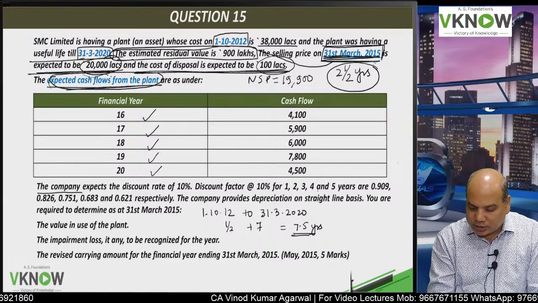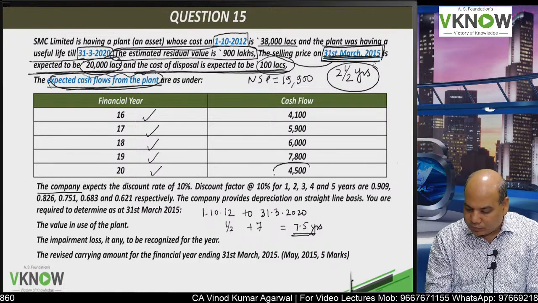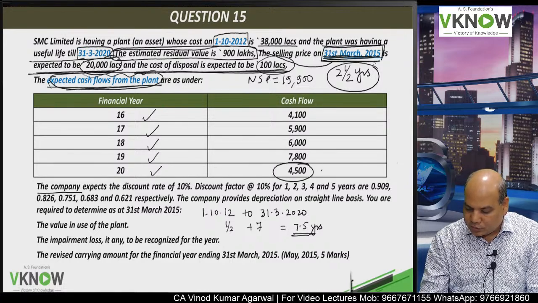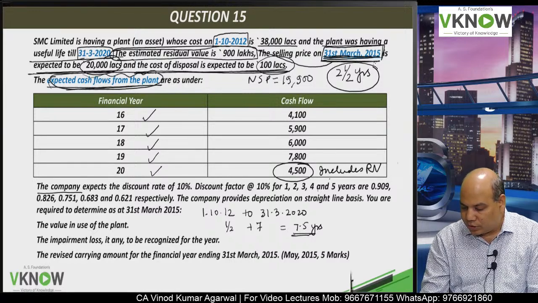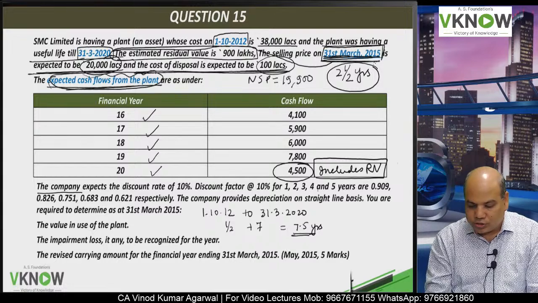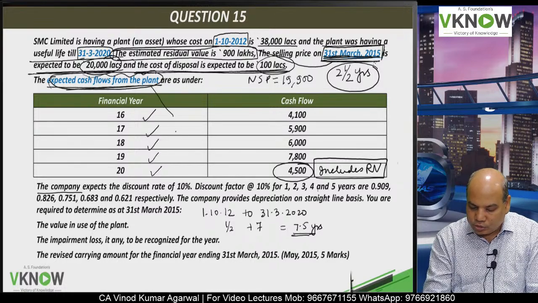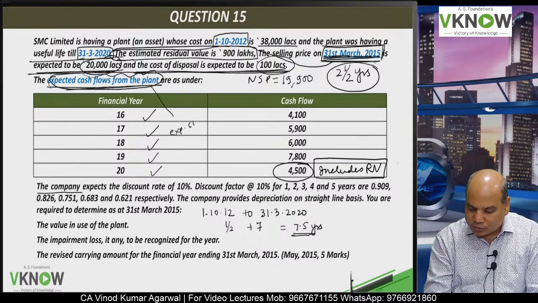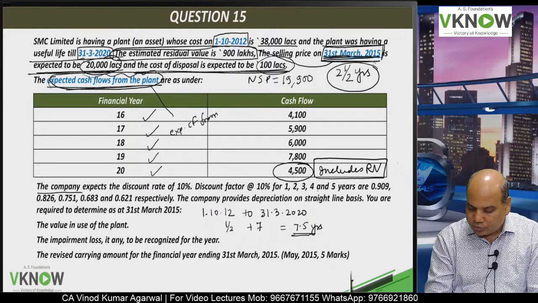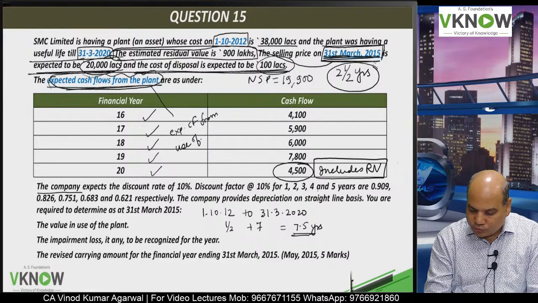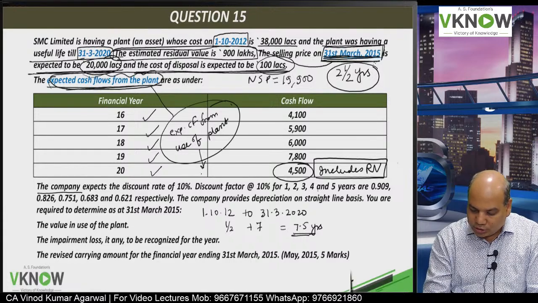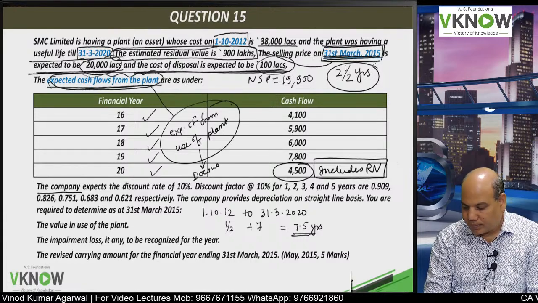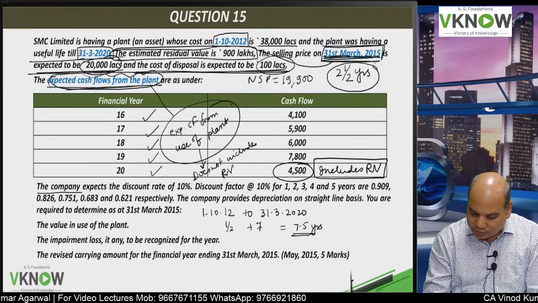Then when they are saying expected cash flow from the plant, this 4500 includes residual value. If they use the term expected cash flow from use of plant, then it does not include residual value.